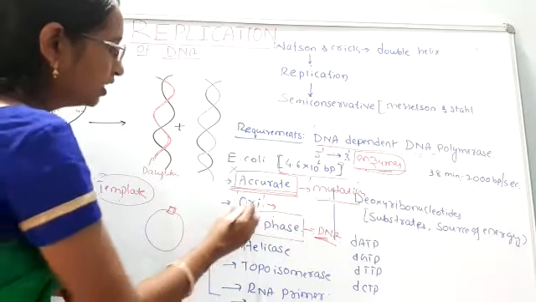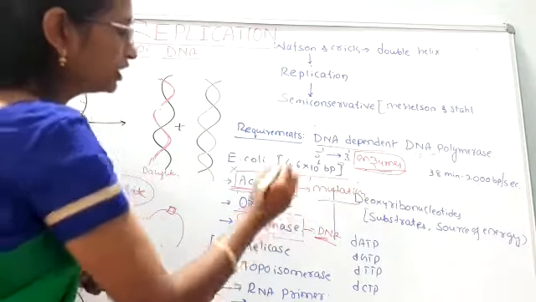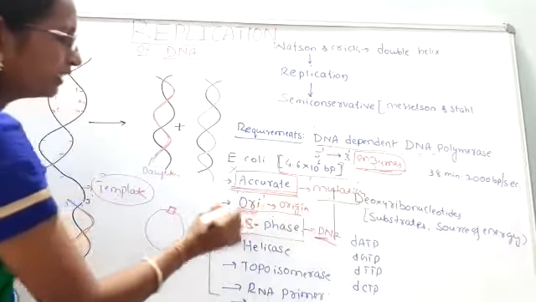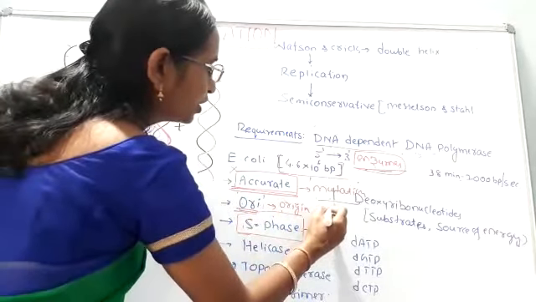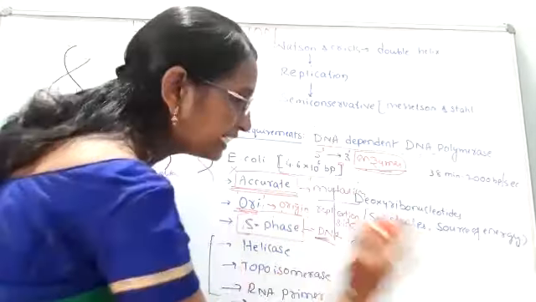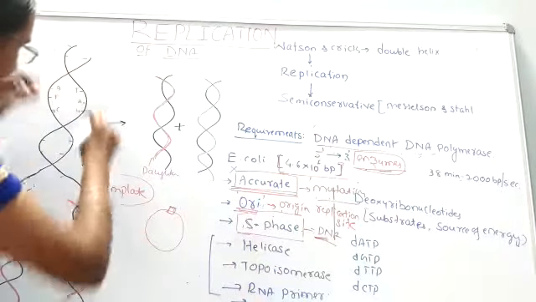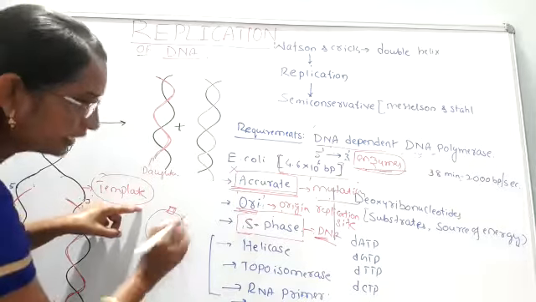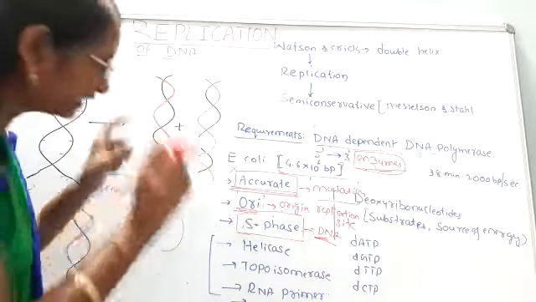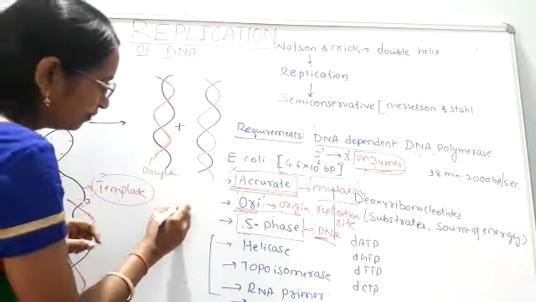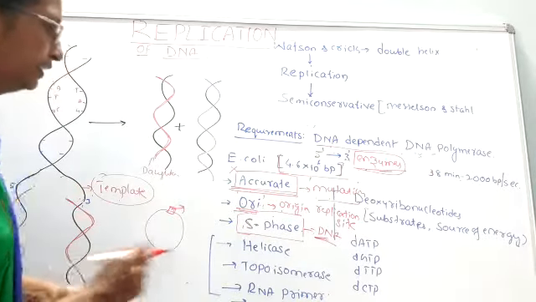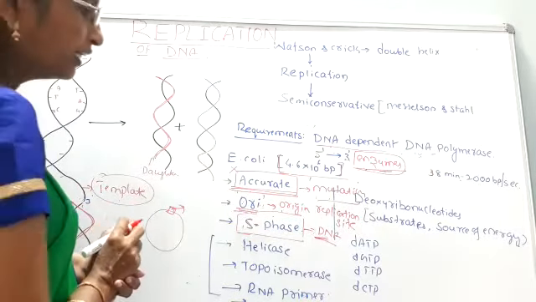ORI means origin of replication site; the starting three words are taken. It is a site on the DNA, whether linear or circular, where the replication of the DNA starts. Those are known as origin of replication sites.